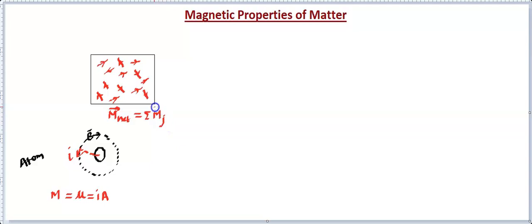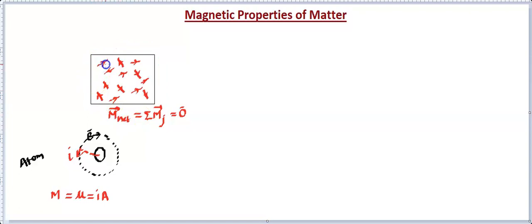So this j runs from 1 to a large number. So we need to have the vector sum of all the atomic dipole moments, and this vector sum for a random distribution of a large number of vectors is always 0. That's the one rule, and that's the rule you might have heard in the case of polarization. So that means a substance is going to have a 0 dipole moment. That means its total magnetic field will be 0.